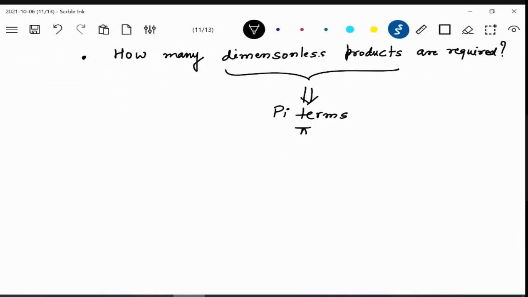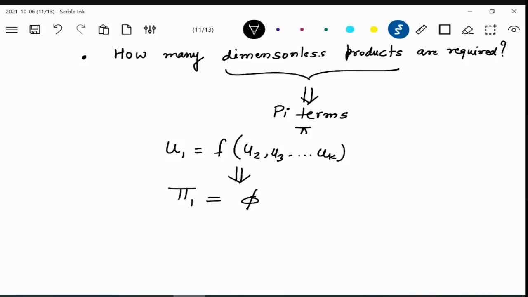So if you have, let's say, some variable u1, and you can write it as a function of u2, u3, up to uk, then using Buckingham pi theorem, you can re-express the same expression something like this: pi1 is equal to phi, a function of pi2, pi3, up to pi k minus r.